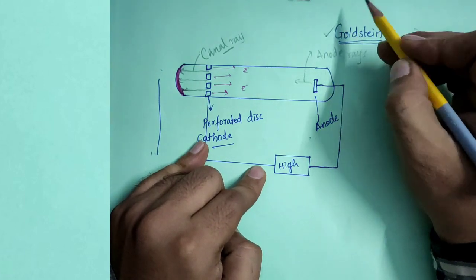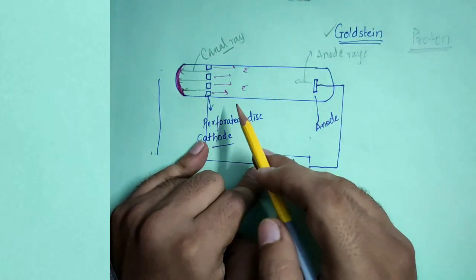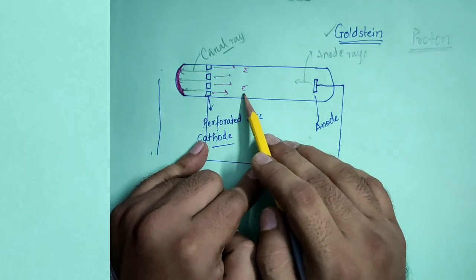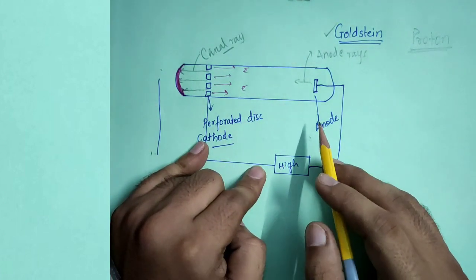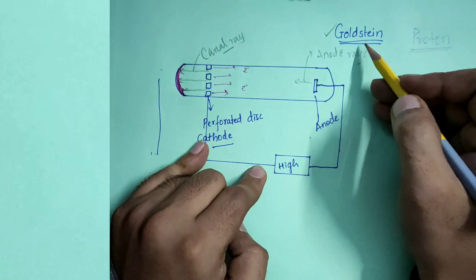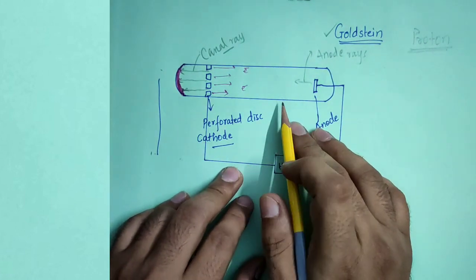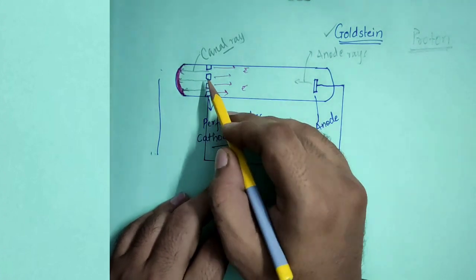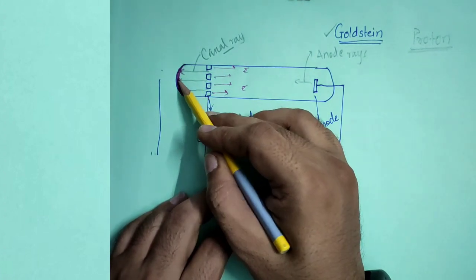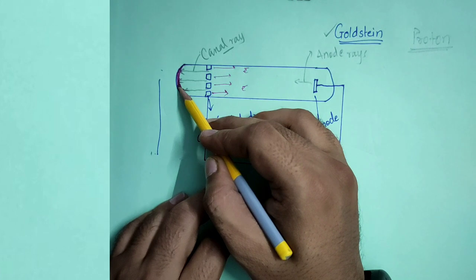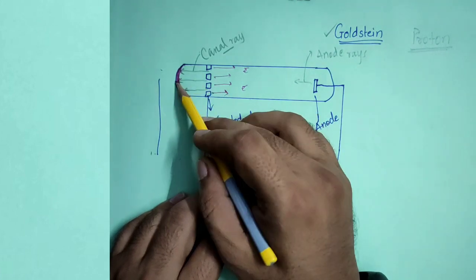Goldstein thought that if the cathode is emitting invisible rays, the anode must also be emitting rays. So he did the experiment with the perforated cathode and placed the zinc sulfide screen beyond it.